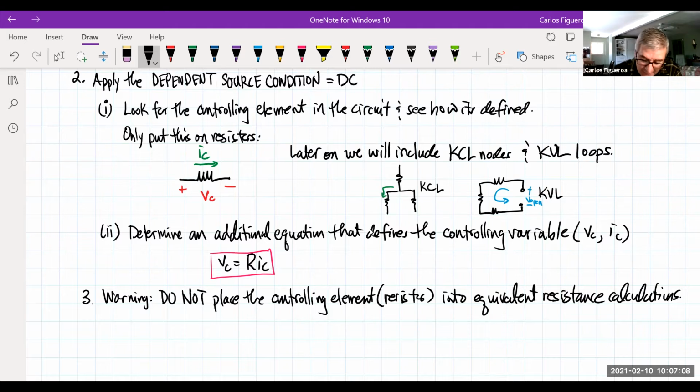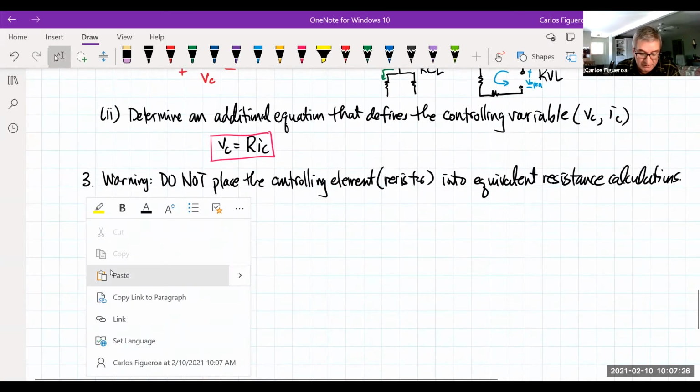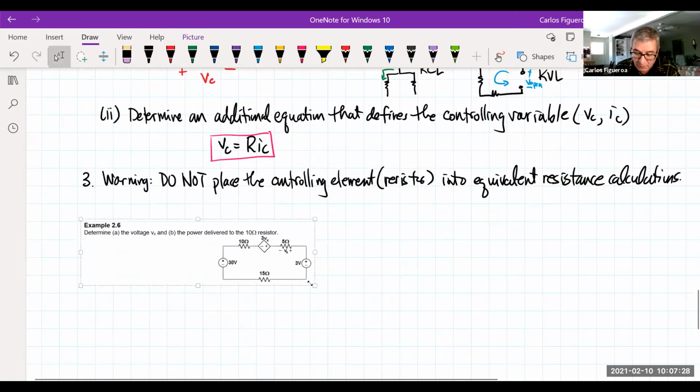By doing that, you lose all information. We don't want you to lose the information. We need that information in order to solve the problem. So what I have here is a fairly simple one to try to get you to see the process. So let's go look at this thing here.